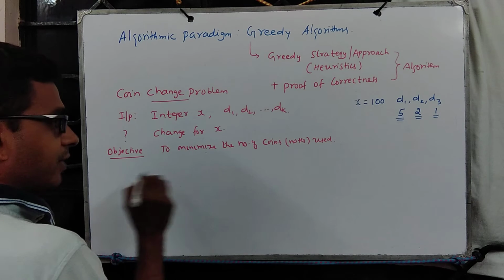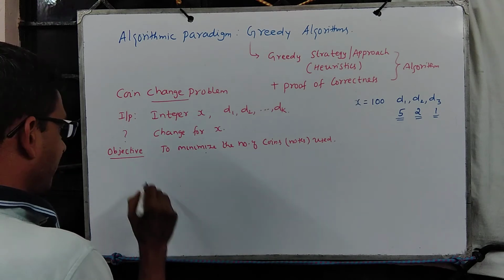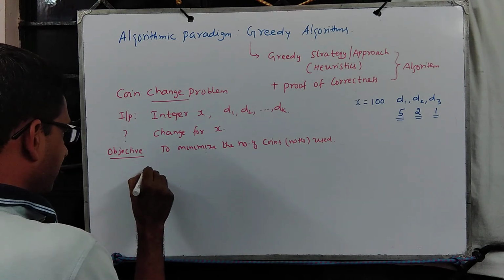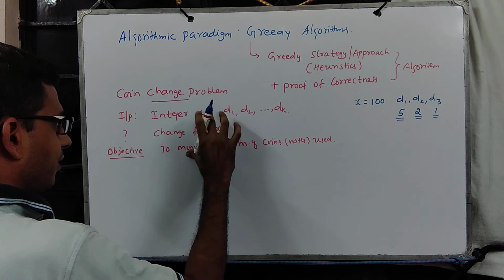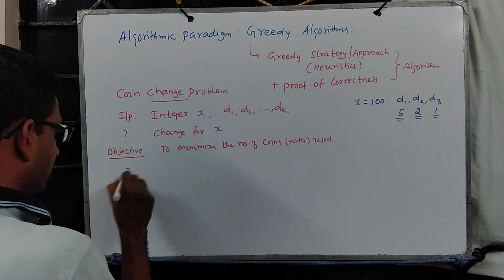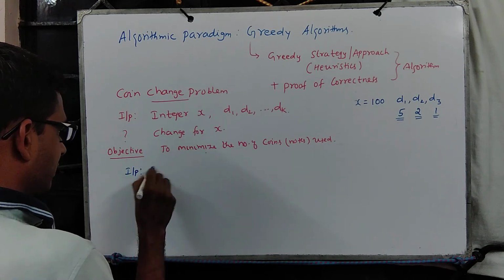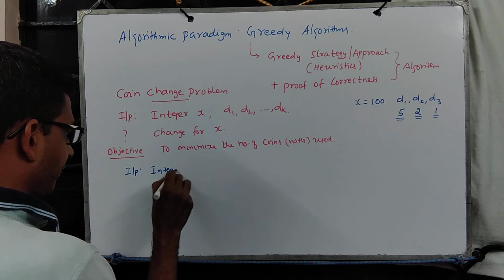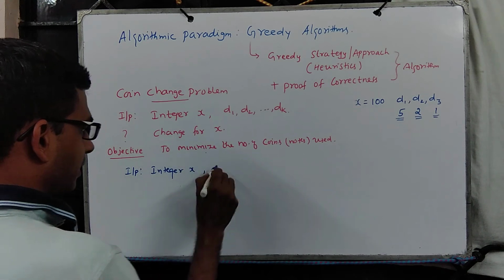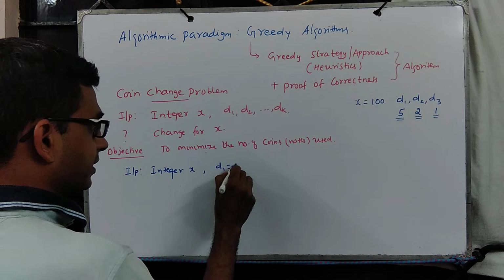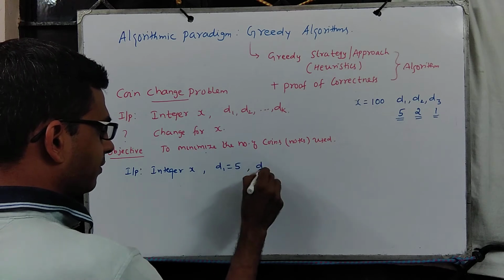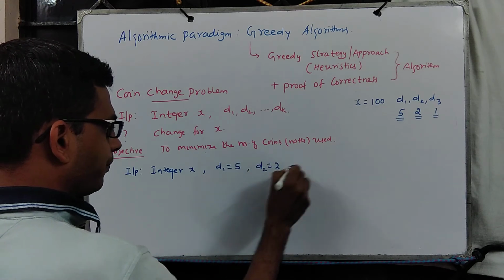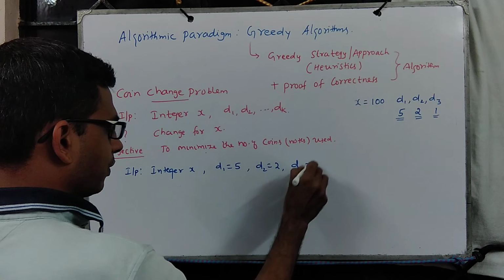So what we do is the following. Let's work with a specific case. The input is integer x, and the denominations are 5, 2 and 1.